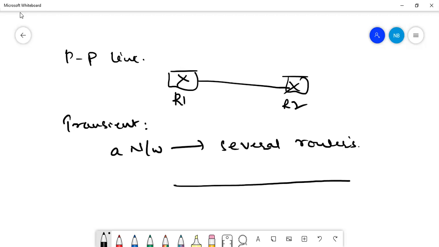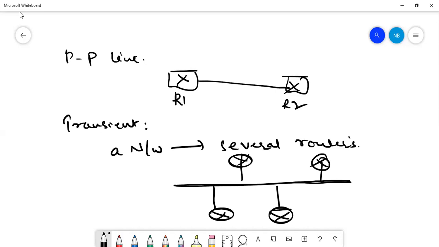Let us say that this is an Ethernet cable. This Ethernet cable will be attached with so many routers. This is a transient link. So what happens here is the data can enter through any of the routers and leave through any of the routers.